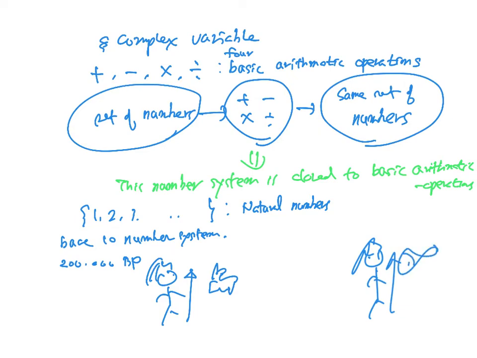So cavemen, fishermen. So the caveman has been eating rabbit all the time, and the fisherman has been eating fish all the time, and they get bored. So one day, they decide to exchange. So one rabbit for one fish.